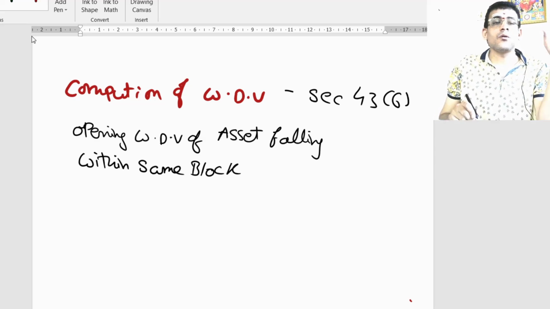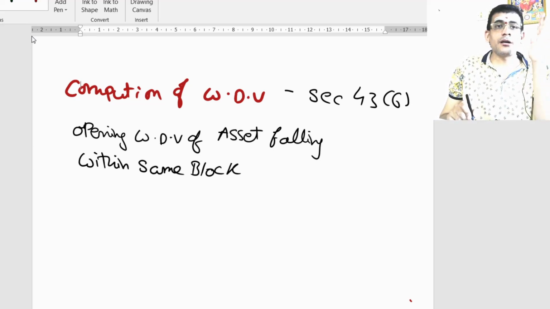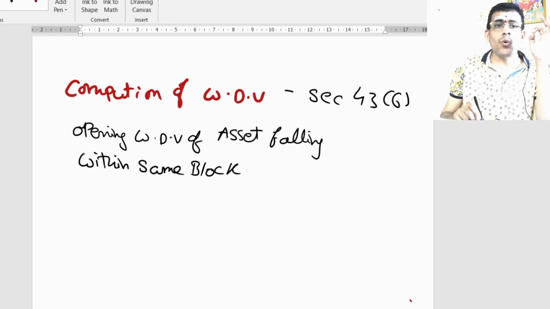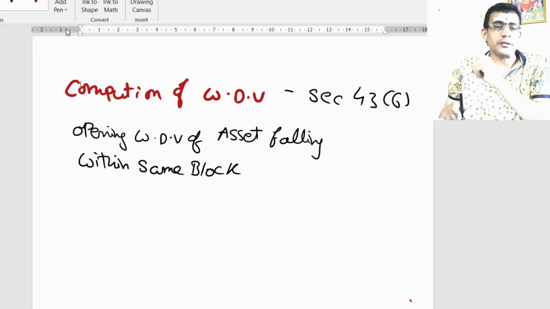Whatever opening WDV you have, that is the entire opening WDV of the block, of all the assets falling under the same block. If you are having multiple blocks, I will be having multiple opening WDVs. Now what is the opening WDV?